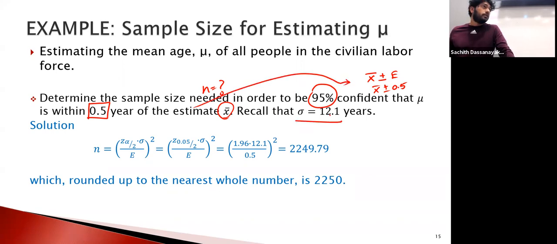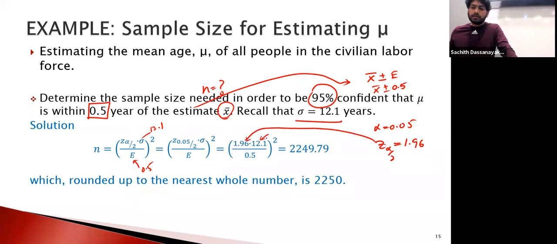Sigma is given. So what do I do? Simply plug the values. This one, you already know, is 12.1. This one, 0.5. What is this one? Based on 95 confidence, your alpha is 0.05. So C alpha over 2, what is it? I know this value, 1.96. So plug this value here.